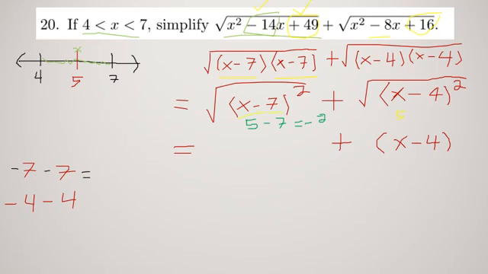Ito yung sinabi ko before, is pag square root of x squared, if x is negative, then square root of x squared is negative x. So, ilalagay natin dito hindi lang x minus 7, but merong negative sa labas ng parenthesis. Yan. So, yan ang hindi masyadong obvious dito.